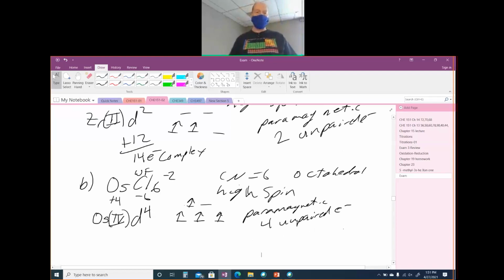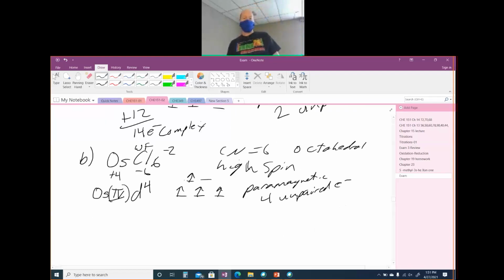All right, so this one says it is low spin. So you predict a high spin because it's a weak field ligand. But if they tell you that it is low spin, just because we predict it doesn't make it 100% correct.